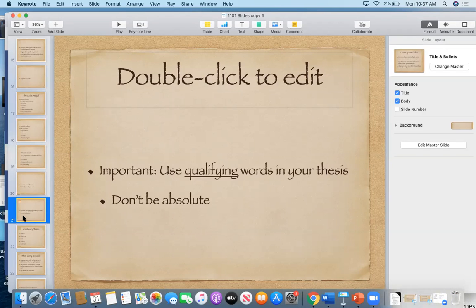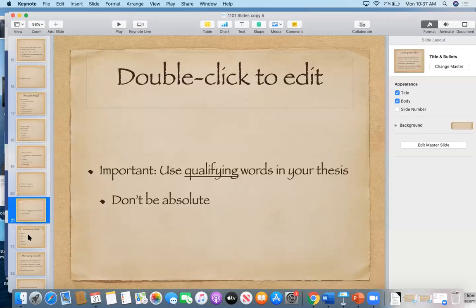It's like, this is my opinion, and anybody who disagrees with it is wrong. What's better is to say gasoline prices very likely fluctuate because of production procedures, consumer demand, et cetera. You don't want to be absolute, because remember, your thesis should be arguable, so that a reasonable person can disagree.